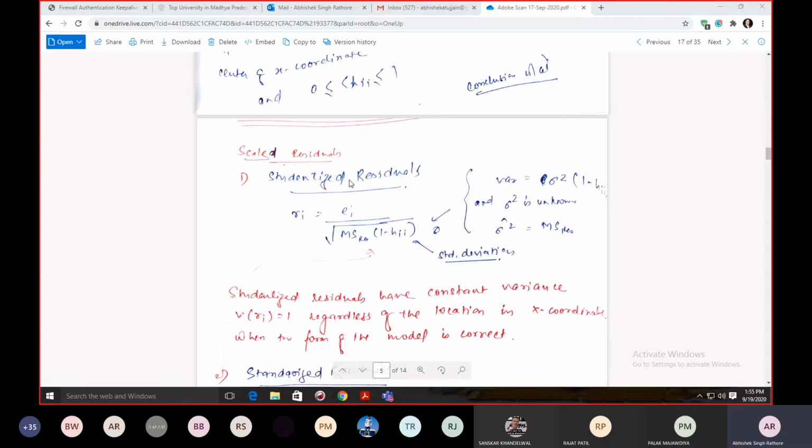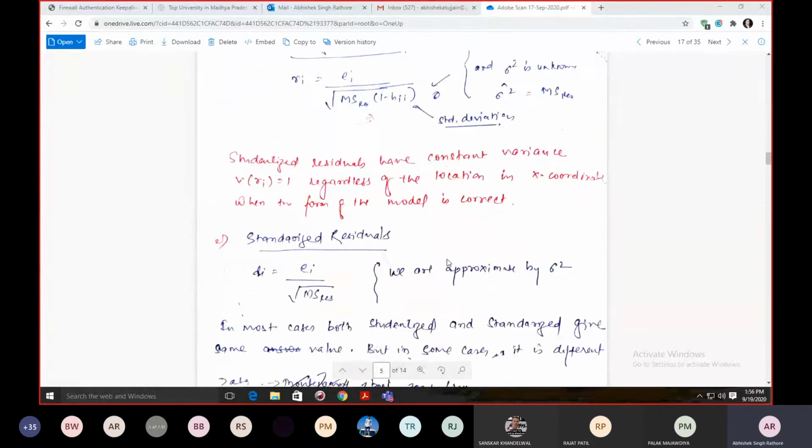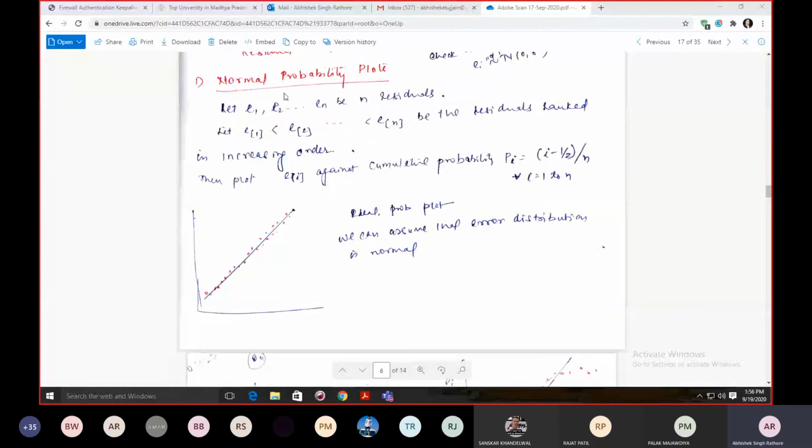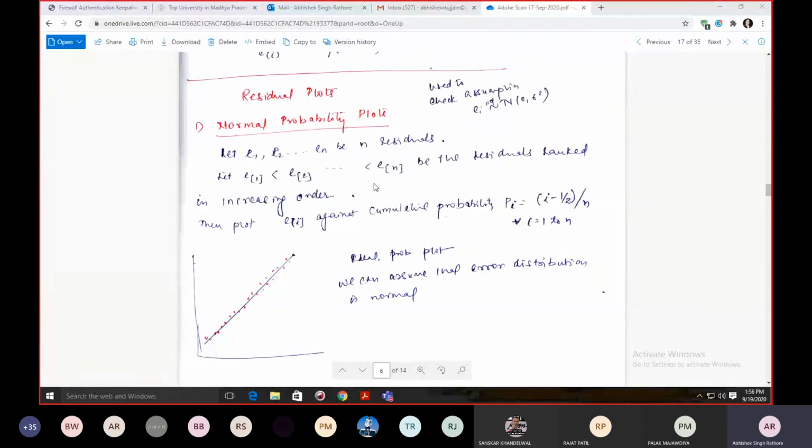In a general sense, there are three types of residuals available. First is the scaled residual, second is the standardized residual, and third is the PRESS residual. I'm not going into much detail for the scaled residual, because this is not in your syllabus. So I'm just moving right to the residual plots. So these are the residual plots that are available.